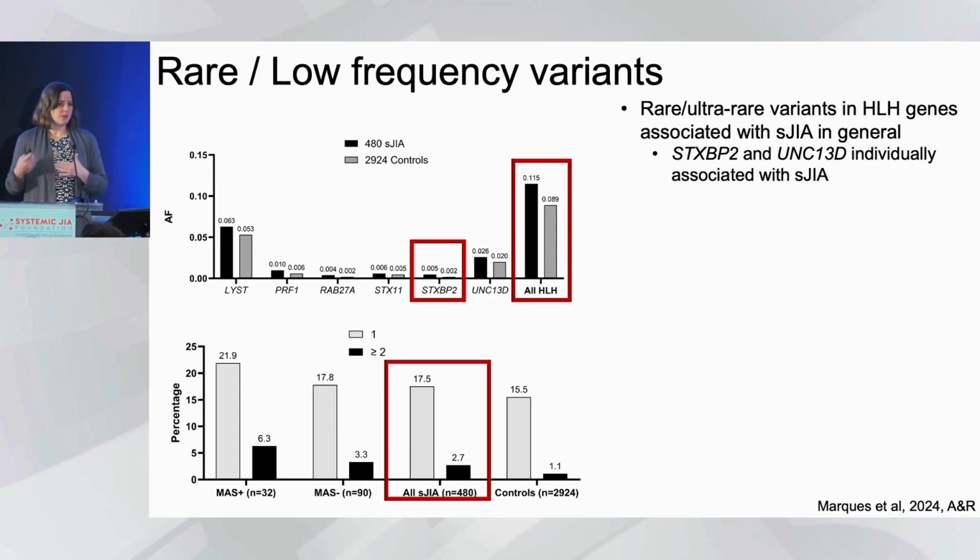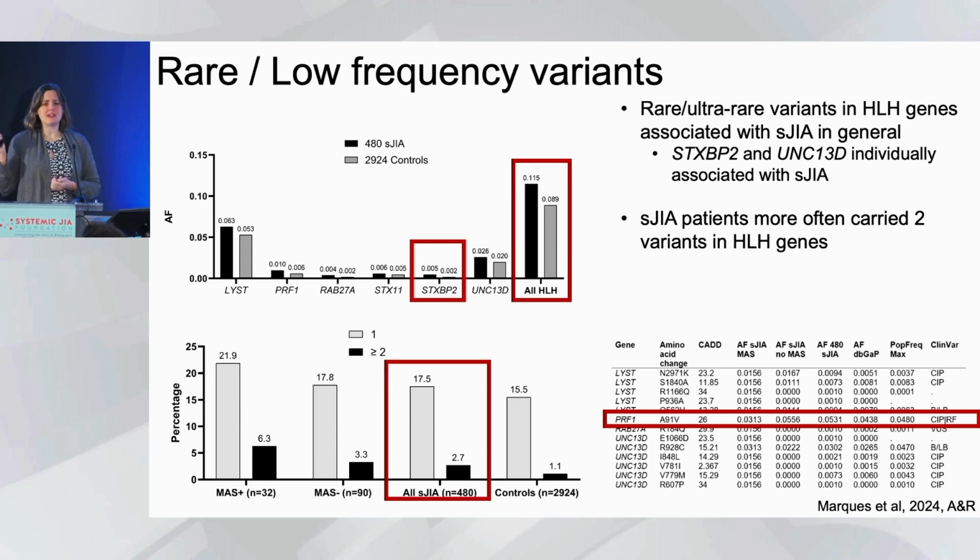As expected, we did see that patients with MAS had a higher frequency of HLH variants. But one thing that was very interesting is that even when we looked at the bulk of SJIA in general, we did see that those patients had an enrichment of variants in HLH genes compared to controls. And we also found that patients with SJIA more often carry 2 or more variants in HLH genes than controls did.